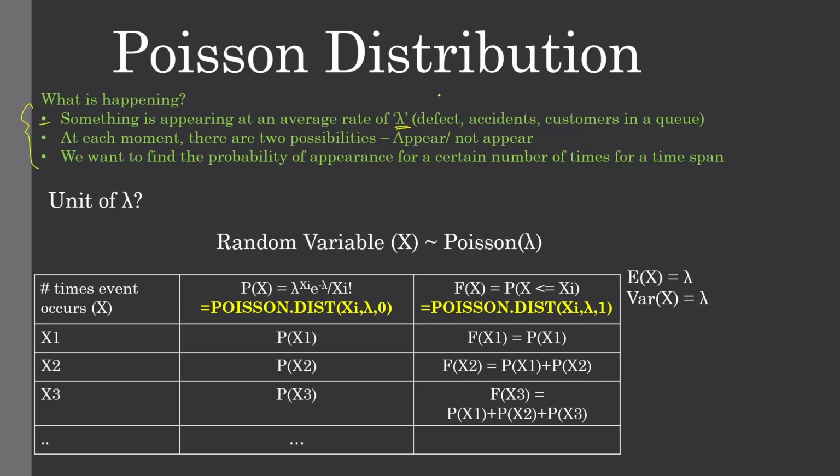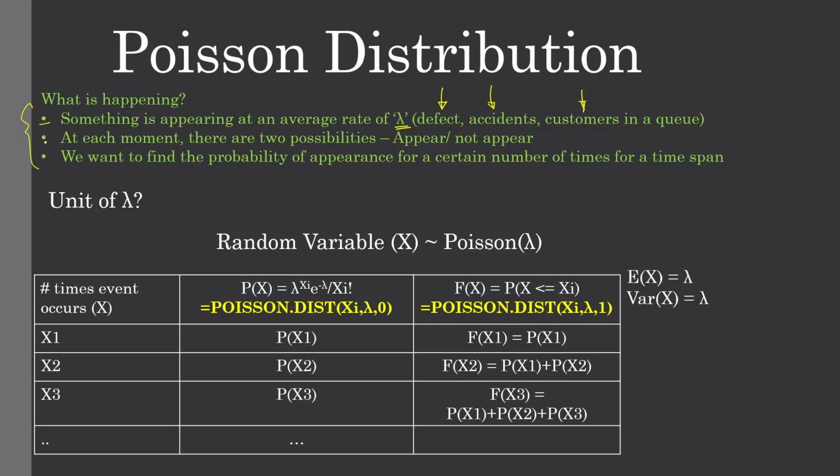What can appear? A defect can appear, an accident can appear, or customers coming in a queue can appear, or any other thing that can appear. For example, an earthquake can appear. So all those things that can appear. So this is the first point.